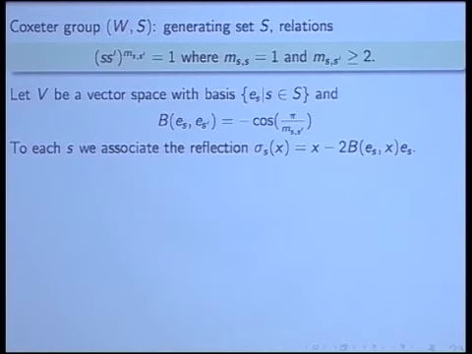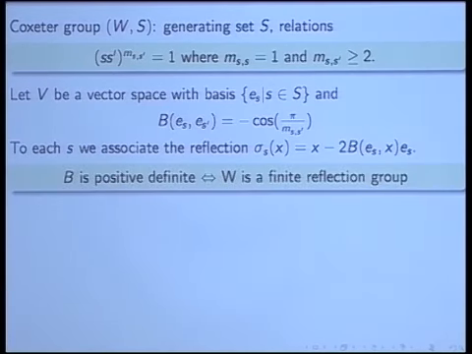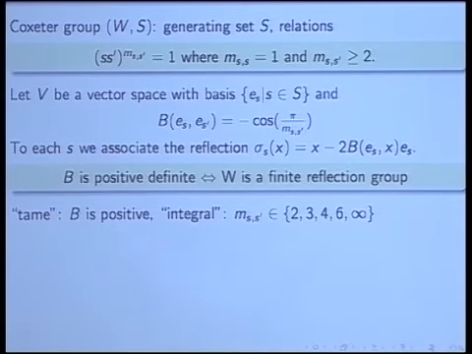Now if B is positive definite, then V is a Euclidean space, and W is a finite reflection group, as we know them. Now, we call a Coxeter group tame if the form B is positive semi-definite, and integral if the m_{ss'} take values in 2, 3, 4, 6, or infinity.